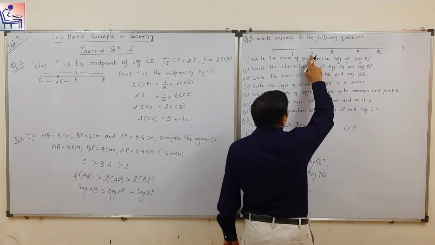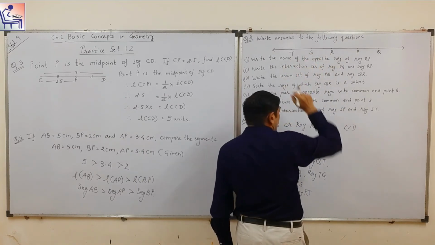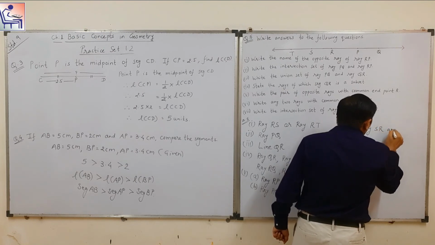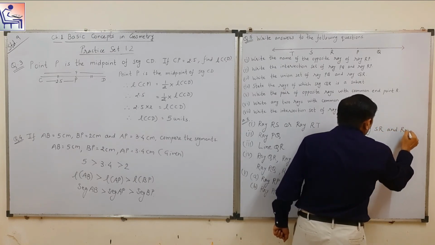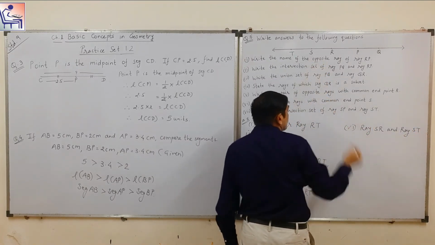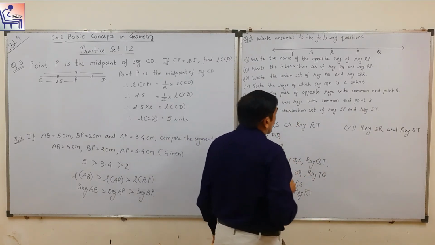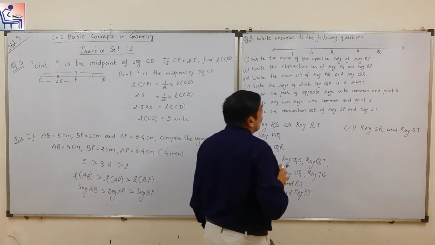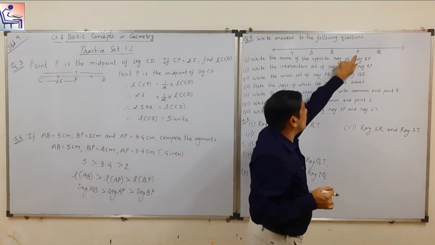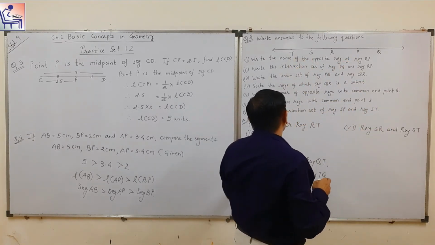So here you can say ray SR, ray ST. Ray SR and ray ST. Here you can say that the common end point is S. Now write the intersection set of ray SP and ray ST. If you notice here, ray SP is in this direction, that is on the right side, and ray ST is on the left side.